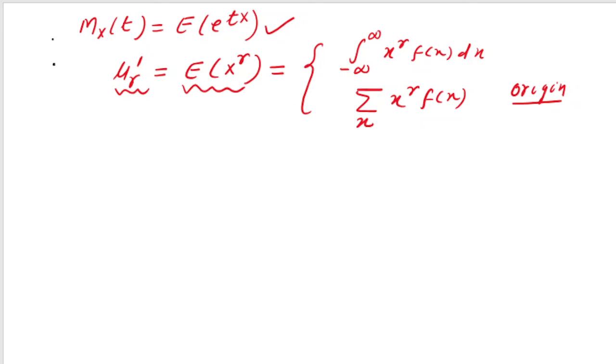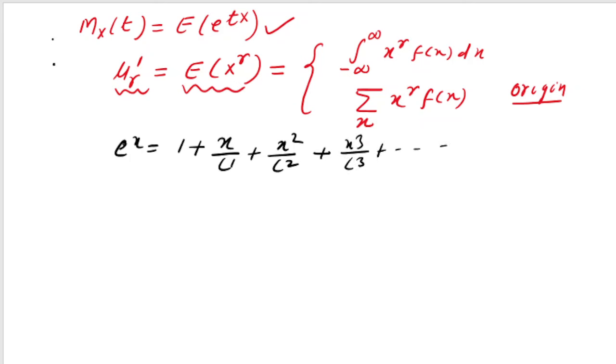Before I write the expansion further, I want you to remember that you have all studied the exponential expansion e to the power x, which is 1 plus x by factorial 1 plus x square by factorial 2 plus x cube by factorial 3, and so on up to infinity.